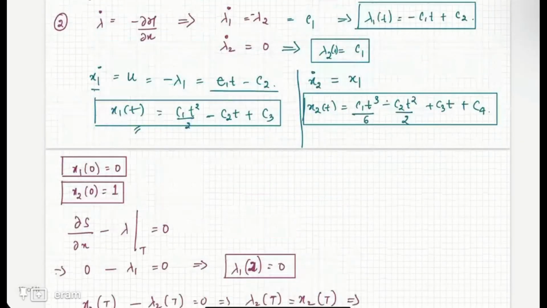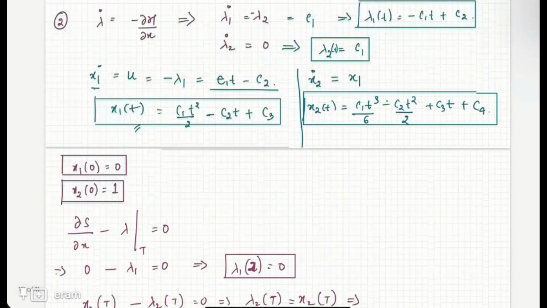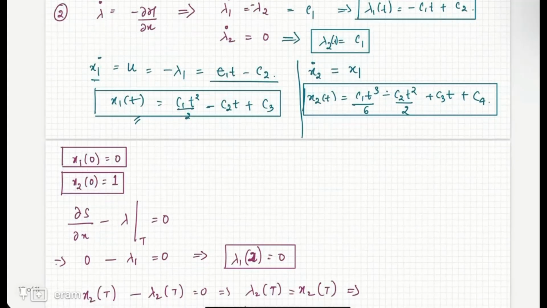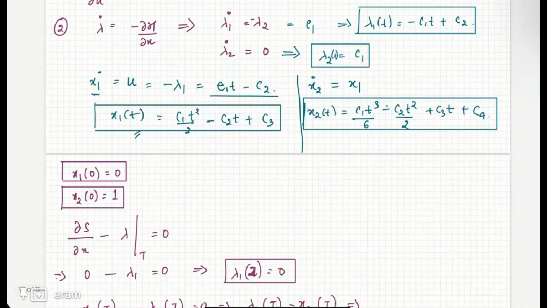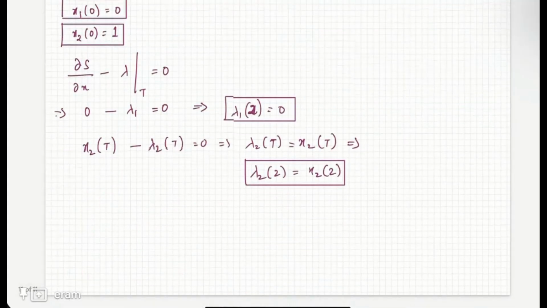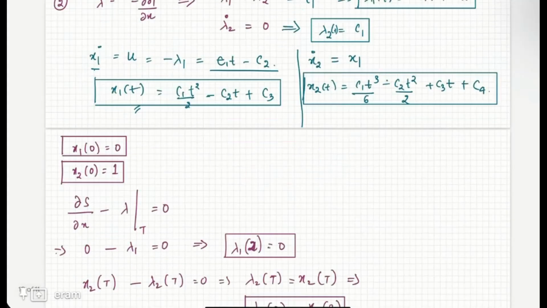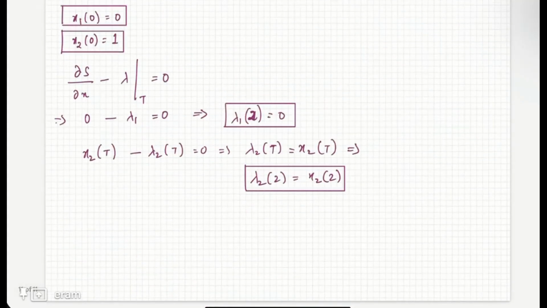So let's see. Okay. Let's go with lambda 1. Now since we know lambda 2 is C1, so lambda 2 is C1 means it will be constant for all time, so this is also equal to C1.